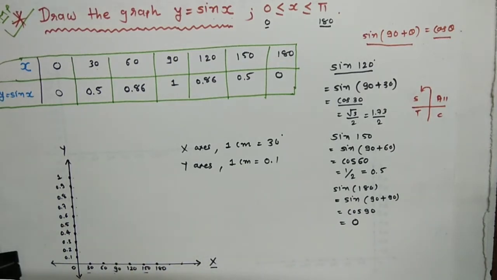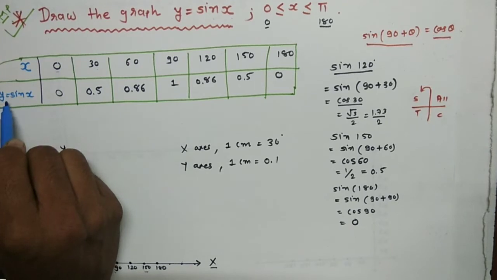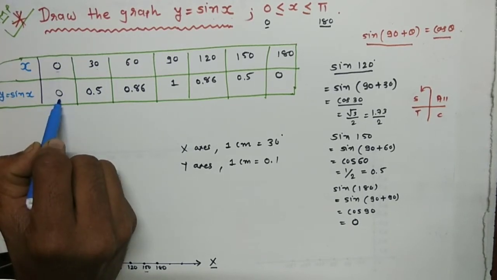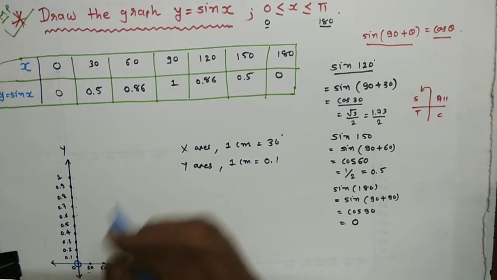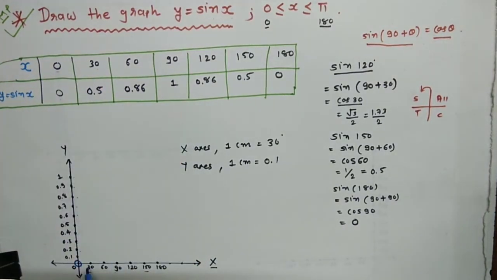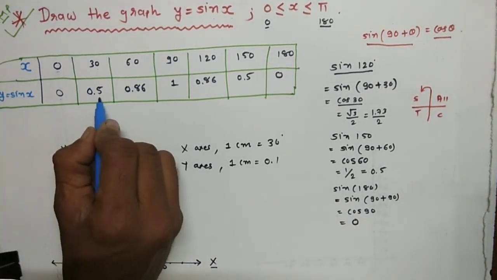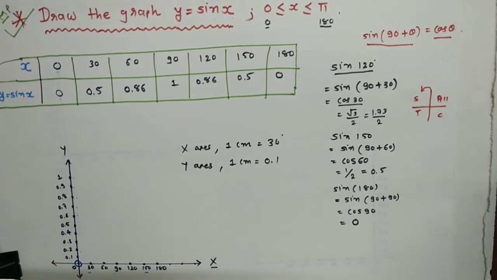Now draw the graph. On the x-axis, when the value of x is equal to 0, then on the y-axis y is equal to 0, so we put a point on the origin. Now when on the x-axis x is equal to 30, then y is equal to 0.5, which is here, so we trace the line.